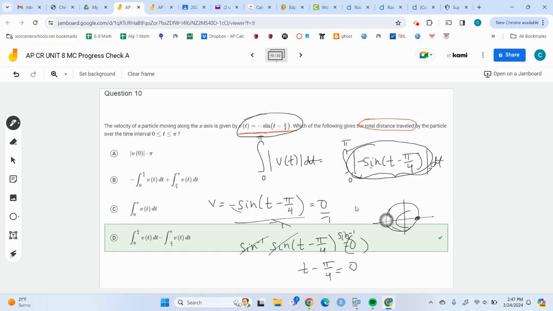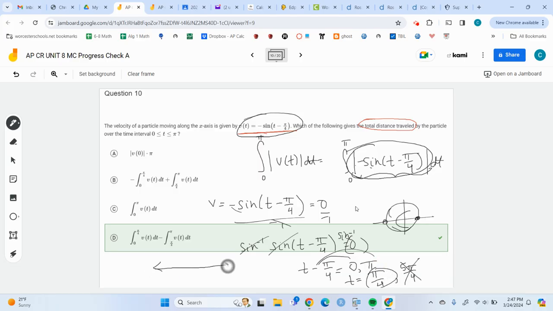Well, 0 and pi. And then if I solve for t and add pi over 4 to each side, add pi over 4 to 0, that gives you pi over 4. Add pi over 4 to pi, and that's 5 pi over 4, right? But that's outside my interval. So, okay, shoot. At pi over 4, velocity is 0.